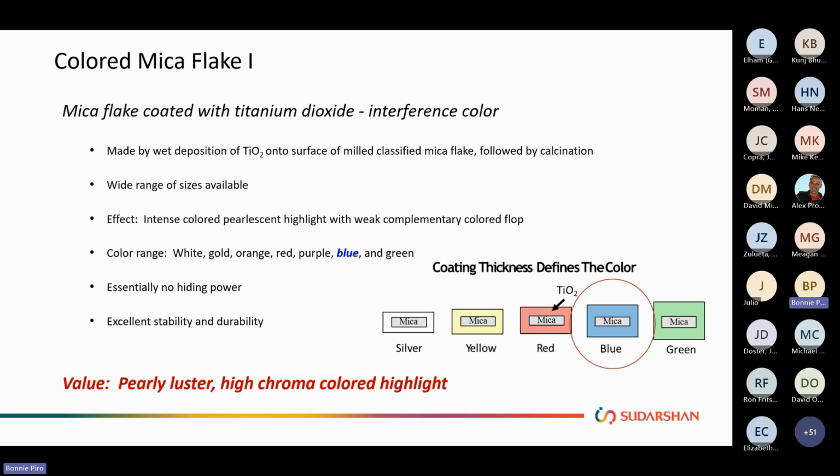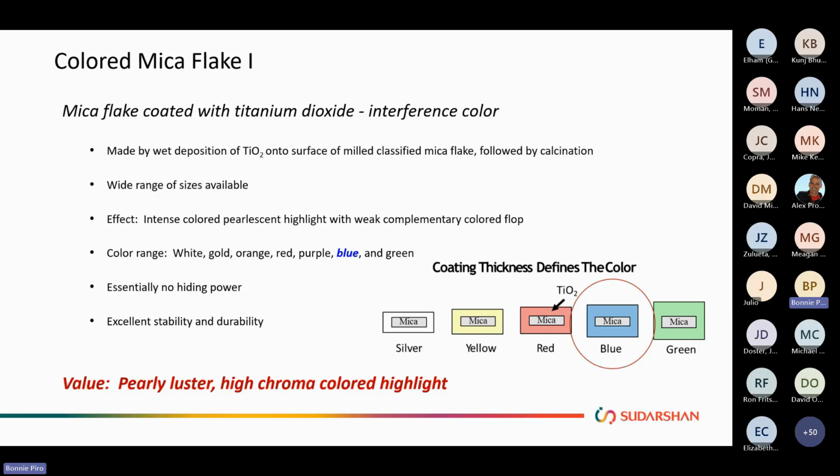We've talked in the past that these are defined by the thickness of the TiO2 on the mica. So the blue color space is achieved by the second to thickest layer of TiO2. These don't have any hiding power. They're iridescent, translucent, but they do provide that nice higher chroma in combination with other pigments.